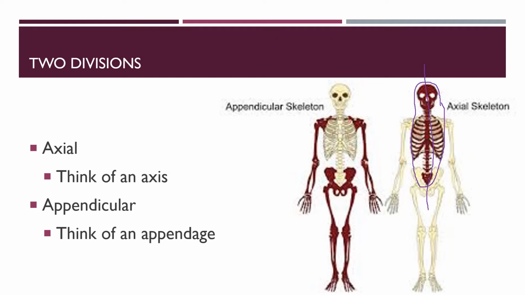And then when you look at the appendicular bones in red, you can see they hang off of the axial skeleton. So, two divisions of the skeletal system, axial and appendicular, and in this lesson we're going to focus on the axial bones.